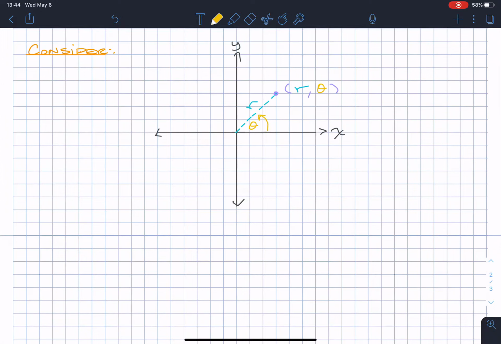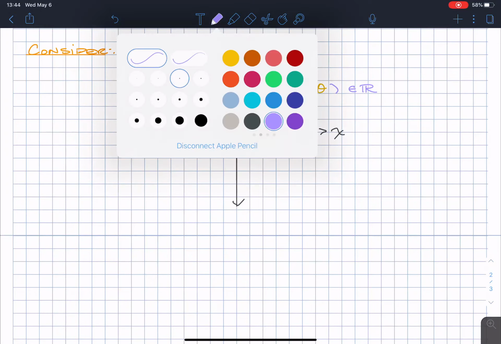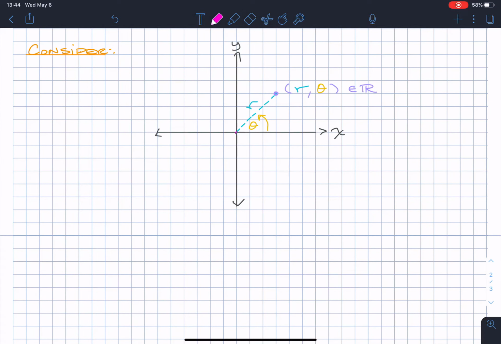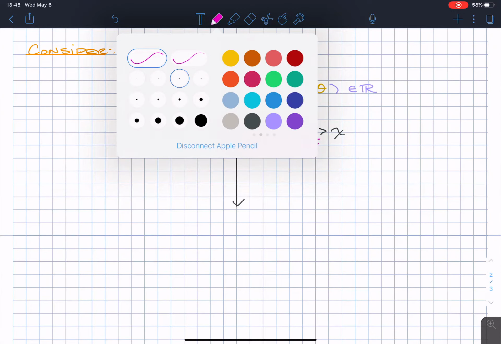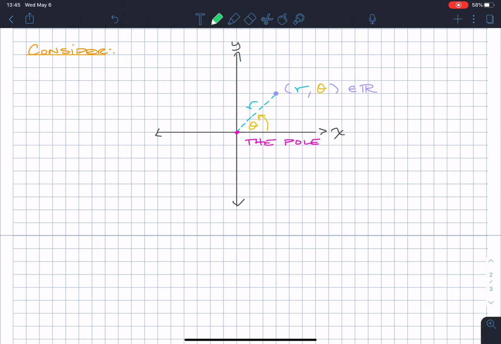Okay, but there's some nomenclature here. So this is still an element of the plane, but now it's a polar plane. So we have a bit of different names. So the origin is now called the pole. And the positive x-axis is now called the polar axis.